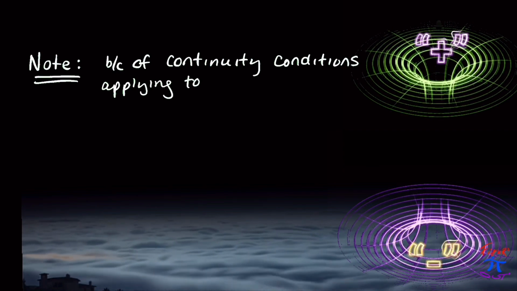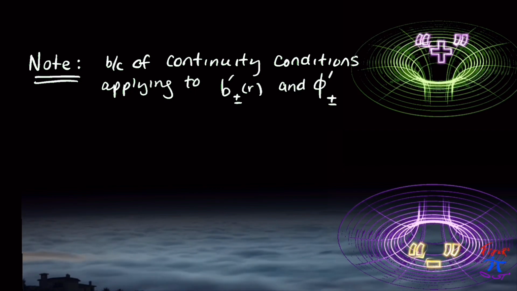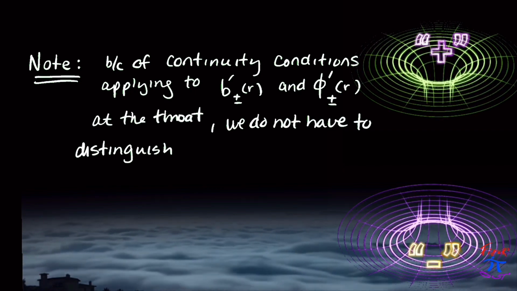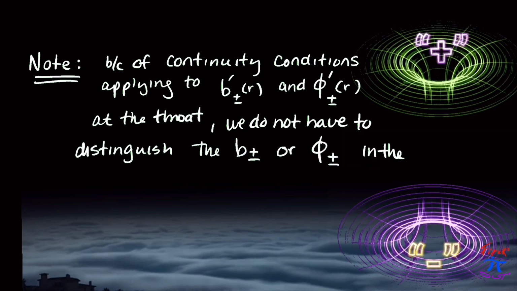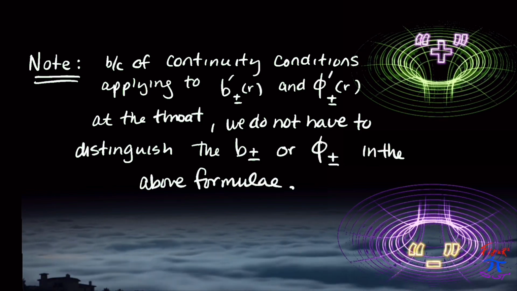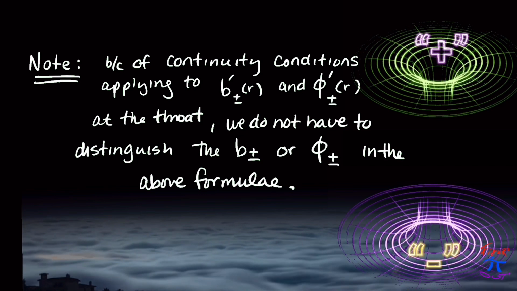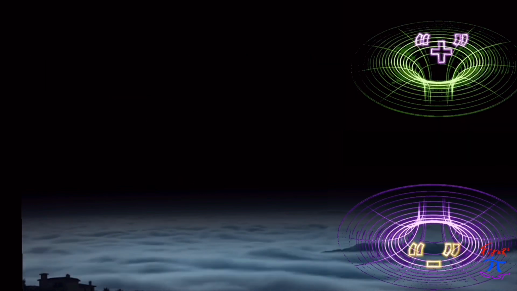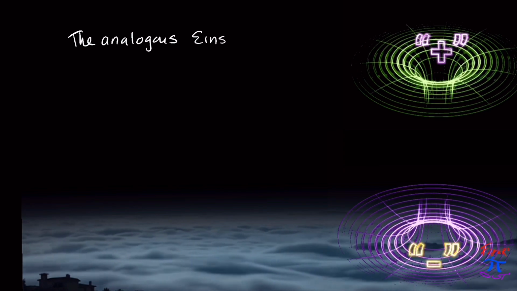Now one notes, because of continuity conditions applying to b prime and phi prime at the throat, we do not have to distinguish between the b plus or minus or the phi plus or minus in the formula above. That is, the subscripts won't really matter due to the symmetry.